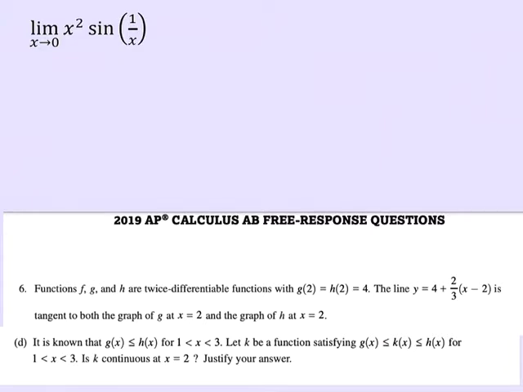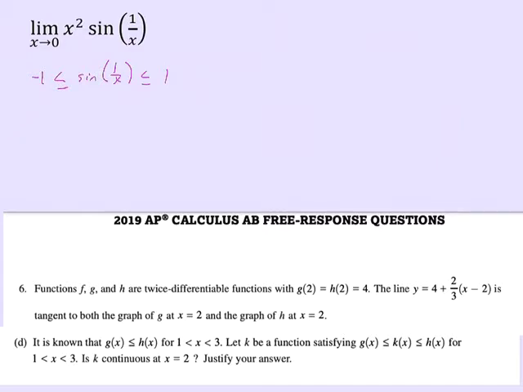We know that the sine of anything is between -1 and 1, so we'll write that to start with: -1 is less than or equal to the sine of 1 over x, which is less than or equal to 1. We know that because sine is always between -1 and 1.